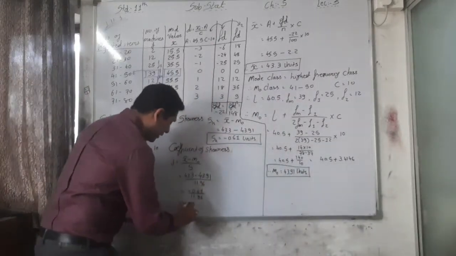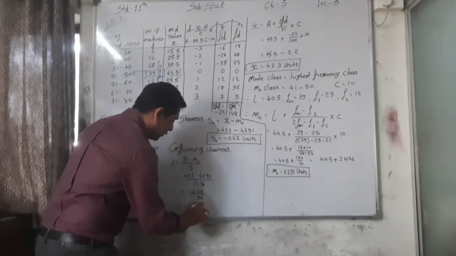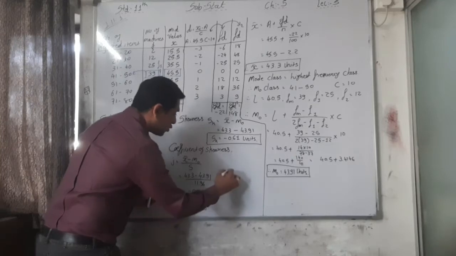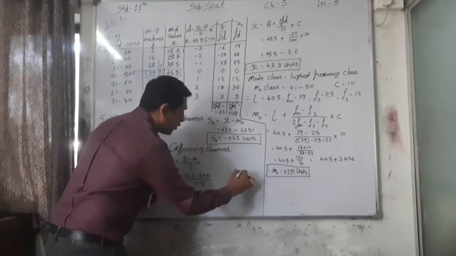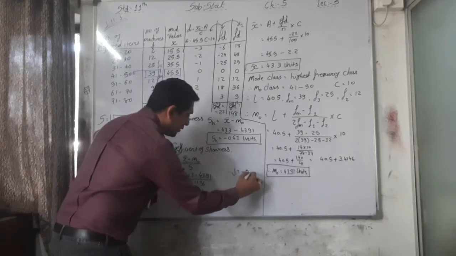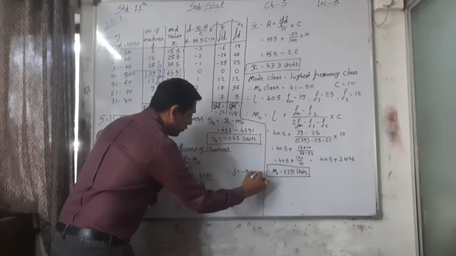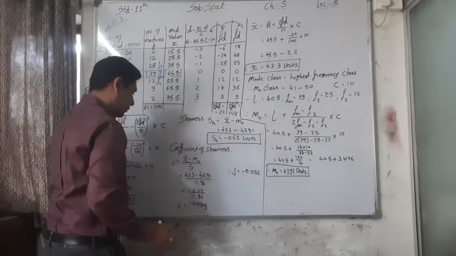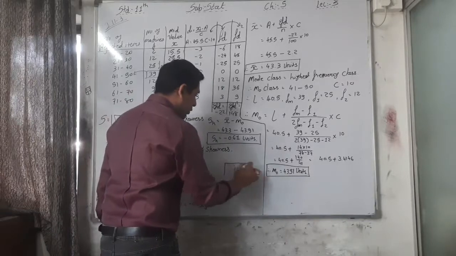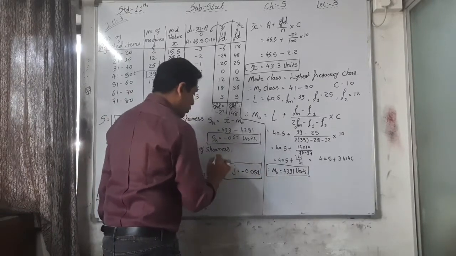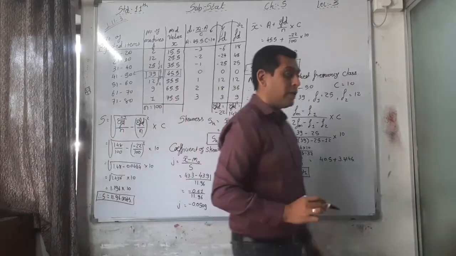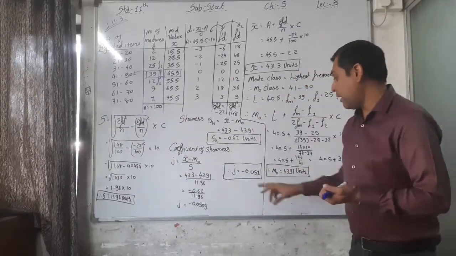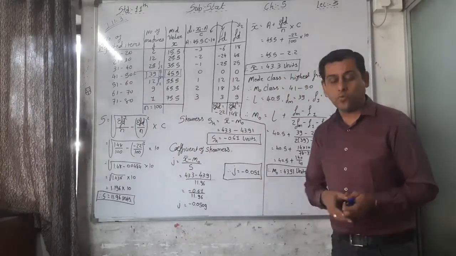Minus 0.0509. So you can say therefore J is equal to approximately minus 0.051. Okay, or you can say minus 0.05, or you can write minus 0.051.